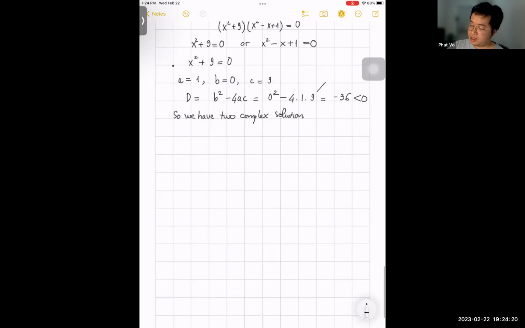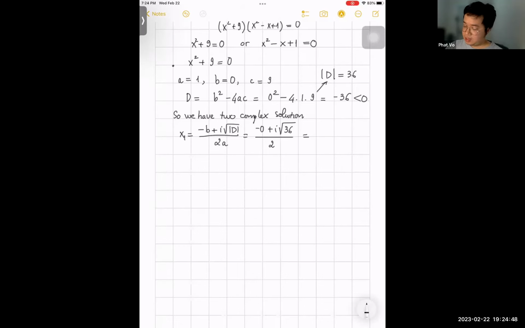In this case, the absolute value of the discriminant is 36. So we have two solutions as follows: i times the square root of the absolute value of d, over 2a. Replace b by 0: negative 0 plus i times the square root of 36, over 2.